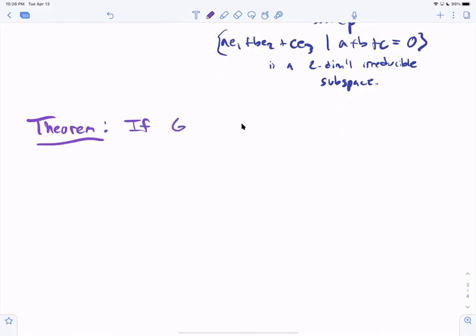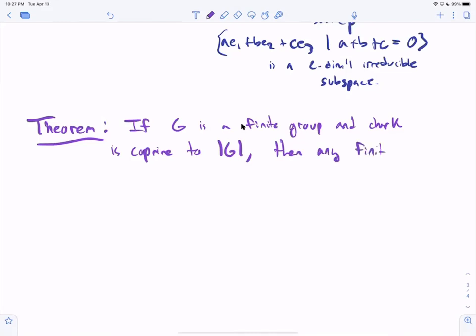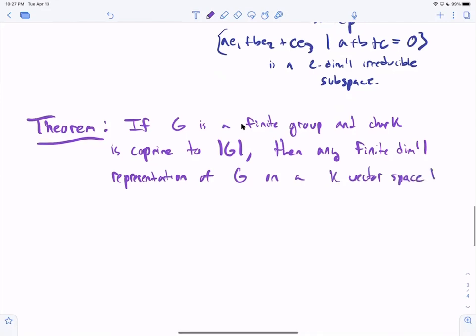If G is a finite group, and the characteristic of K is coprime to the order of G, then any finite-dimensional representation of G on a K vector space V can be written as a direct sum of irreducible subrepresentations. There's a whole theory of infinite-dimensional representations, but it doesn't matter for finite groups. We'll always be talking about finite groups and finite-dimensional representations.